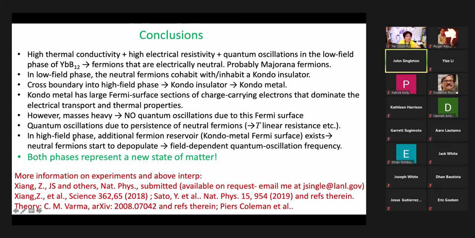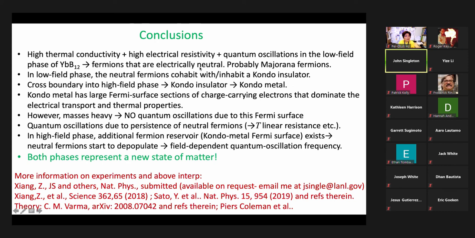And then in the high field phase, we now have an additional fermion reservoir, this Kondo metal Fermi surface. And it is now probably a nice place for neutral fermions to go. They don't like to be neutral anymore, and so their Fermi surface starts to depopulate, and that gives us a field-dependent quantum oscillation frequency.